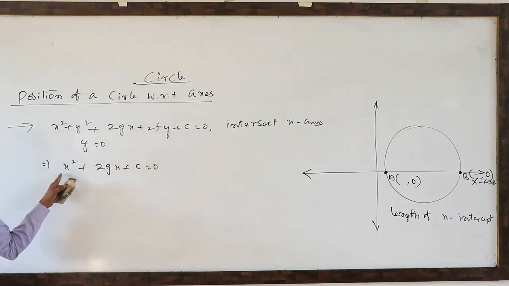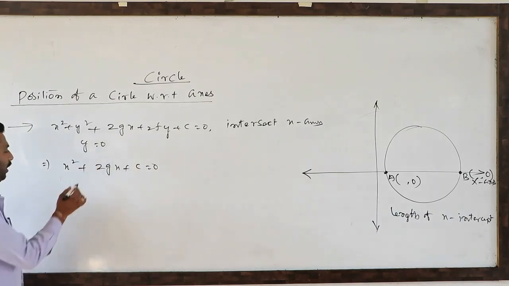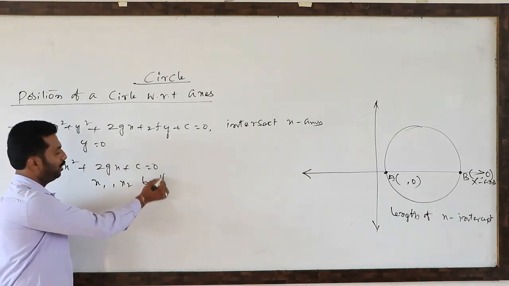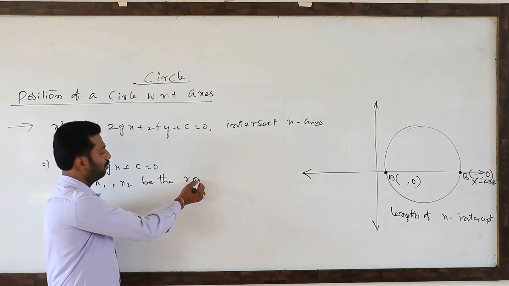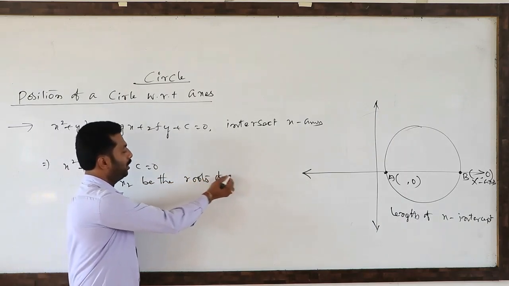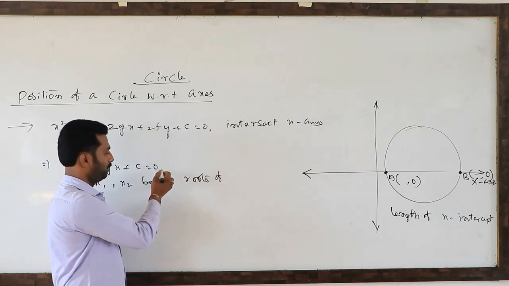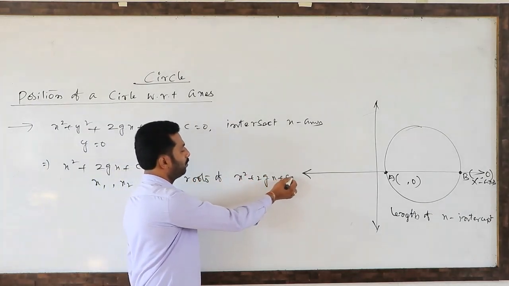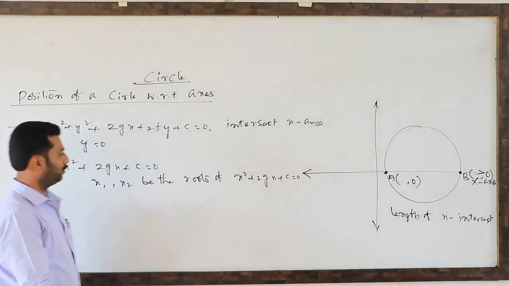So we got one quadratic equation. Two roots are there. Suppose x1, x2 are the roots of this equation.